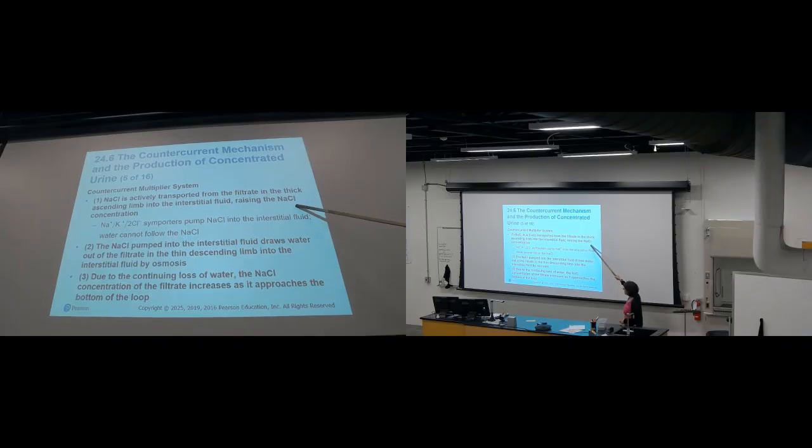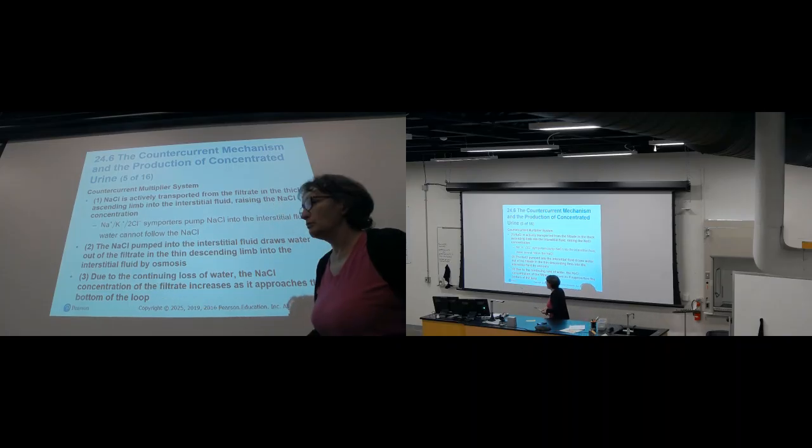So something that you can take from this is that sodium chloride is actively transported from the filtrate, in the thick ascending limb, into the interstitial fluid, raising the sodium chloride concentration.